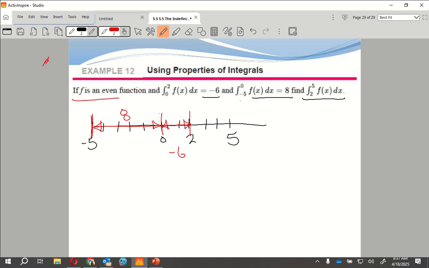So if it's an even function, I should be able to say that from -5 to 0 is going to be the same as what? At 0 and 5. Okay, so from -5 to 0, it's the same as saying 0 to +5.